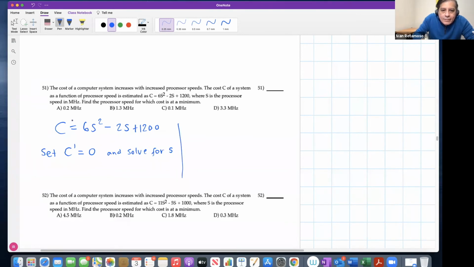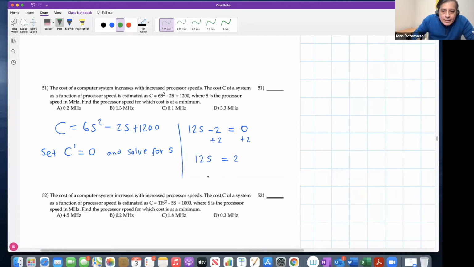The derivative of this cost function should be 2 multiplying 6 is 12, 12S, minus the derivative here, 2. The derivative of this is 0. We don't have to consider that. And that should be equal to 0. To solve for S, I'm going to add 2 to both sides of the equation. I get 12S equals 2.